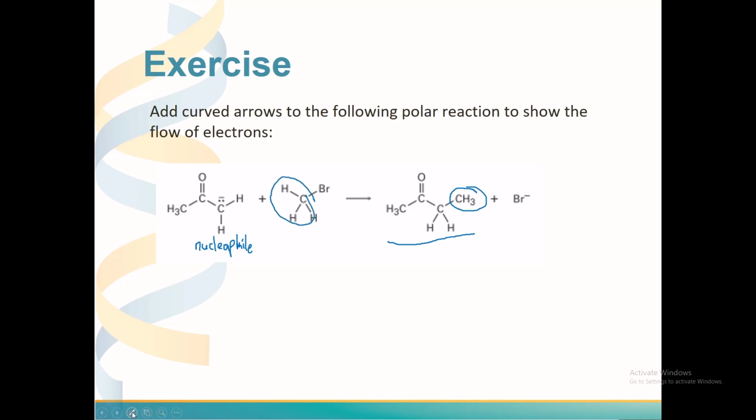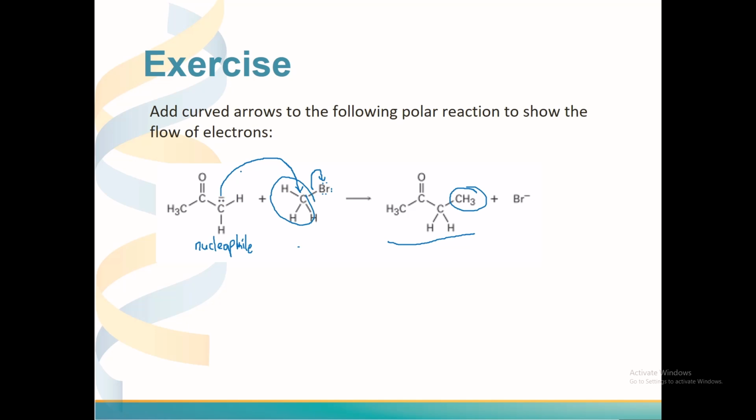So what is happening here actually is that this electron will be attracted to the bromide, which then makes this bromide, which originally has 3 lone pairs of electrons, and this carbon becomes somehow positive because the electron is attracted here. So what's happening is that it goes to this carbon.